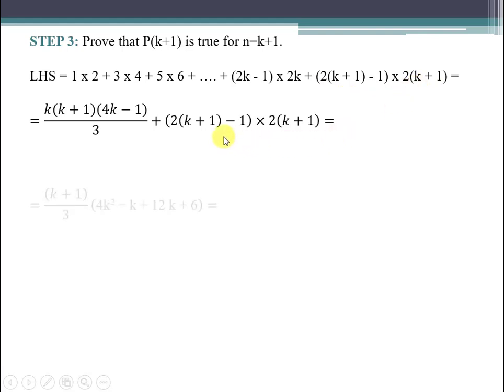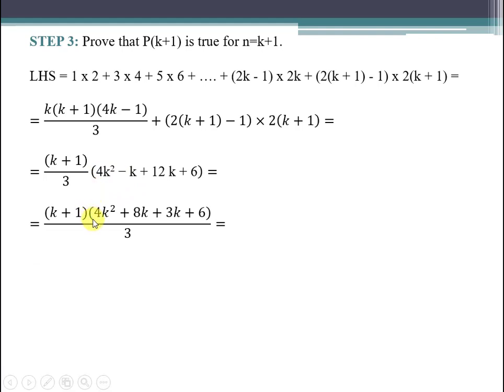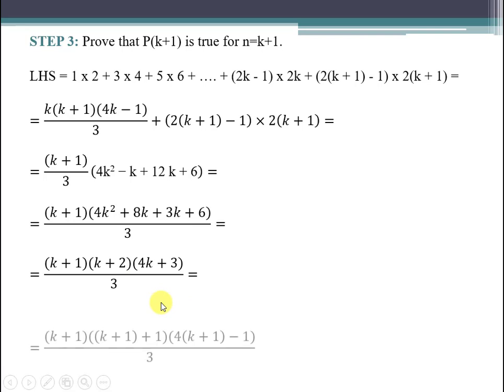Okay, so what do we have? After simplifying, we have such an expression. And after simplifying again, with factorization, we have this expression.